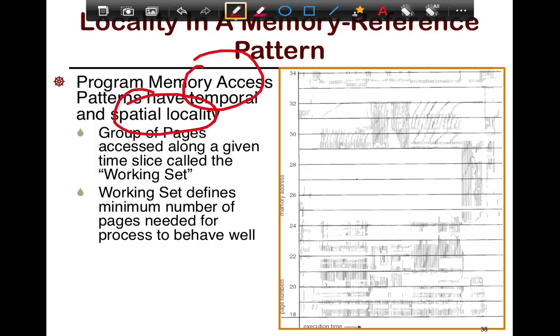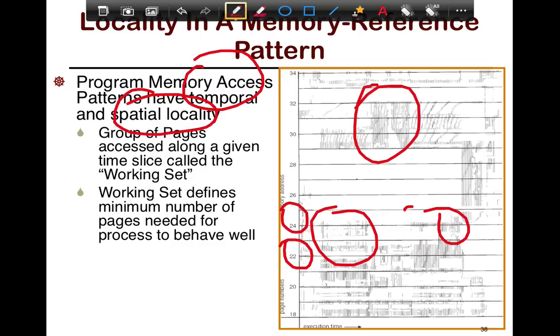Temporal locality says that the pages you accessed in the recent past are what you would access in the recent future, so accesses to pages are likely to be clustered in time. Spatial locality says nearby pages are likely to be touched. If you look at page numbers 24 and 22, they are frequently accessed together, and 30 and 32 exhibit the same behavior.